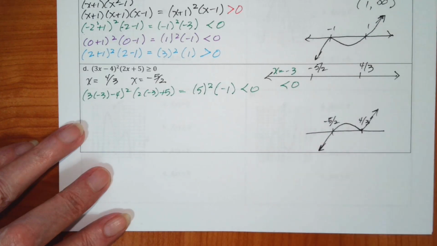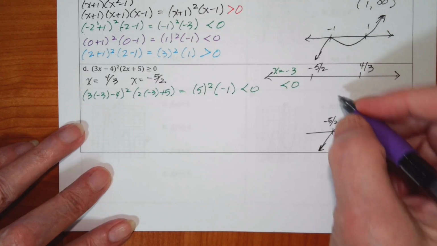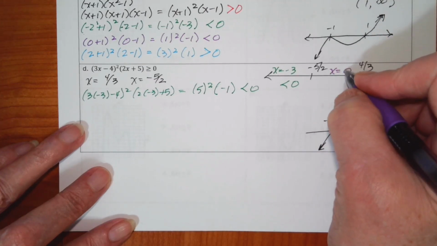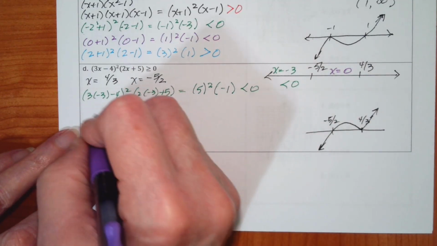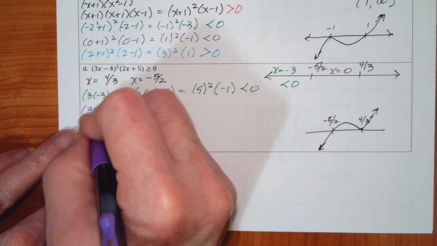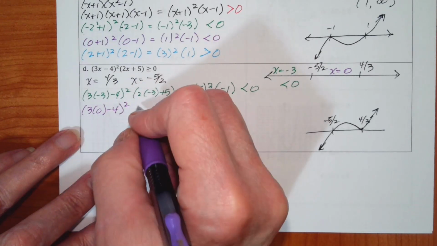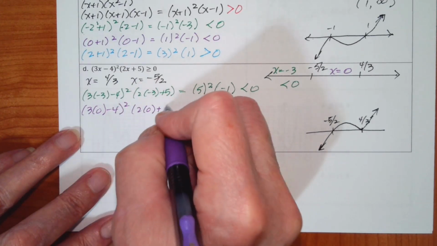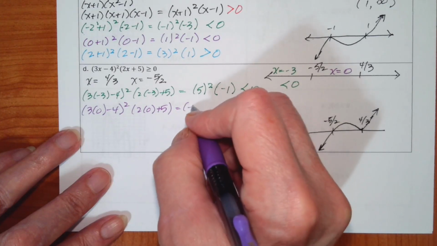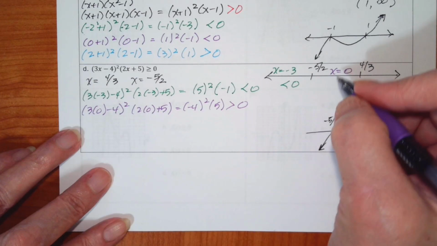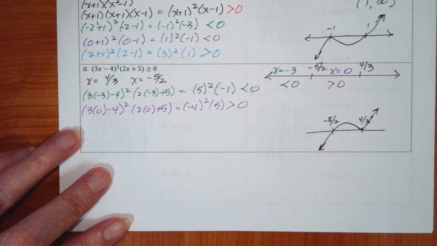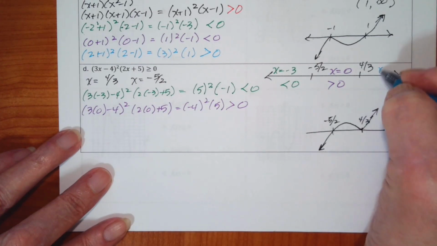Let's try x equals 0. So let's see. 3 times 0 minus 4 squared, 2 times 0 plus 5 gives us -4 squared times 5, which is greater than 0. And finally, we'll test over here, past 4/3. Let's try x equals 2.